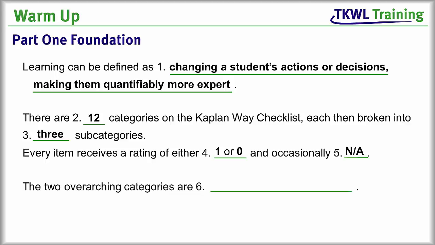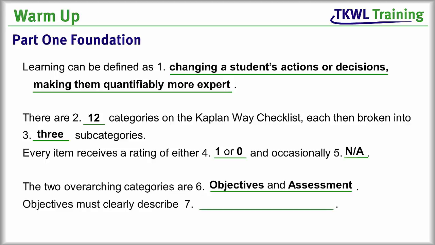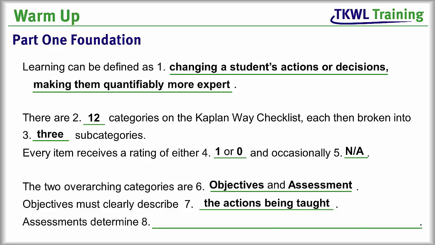Everything in the course hinges on strong objectives and appropriate assessment. Objectives are action-oriented, so they will describe the student behavior that is to be changed and made more expert. And assessment, of course, gauges that expertise with a focused test.